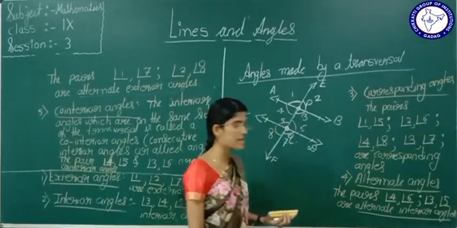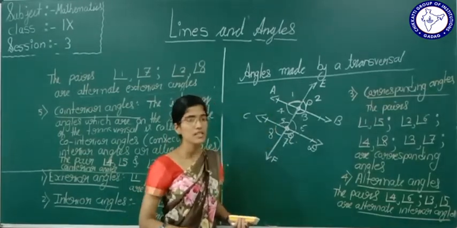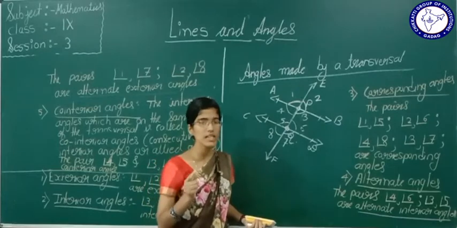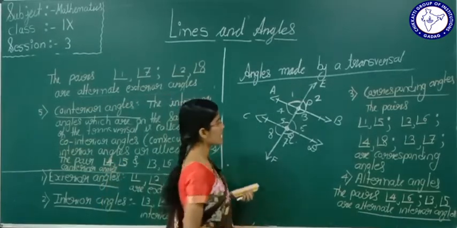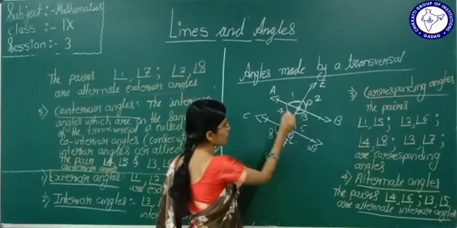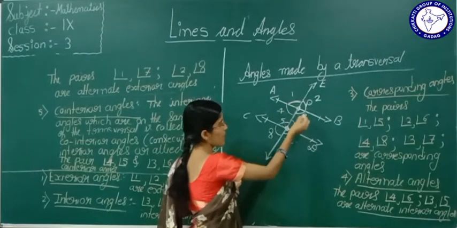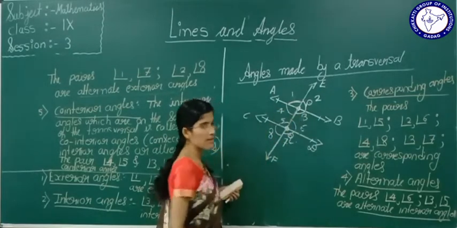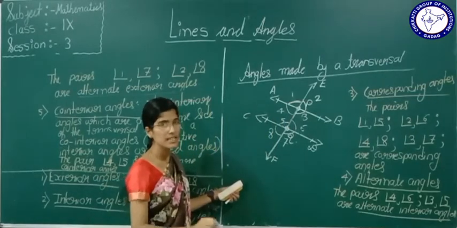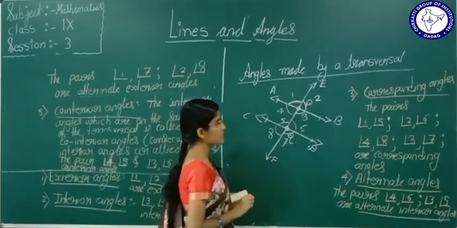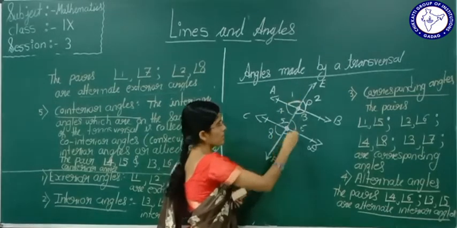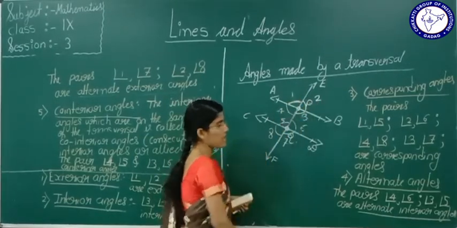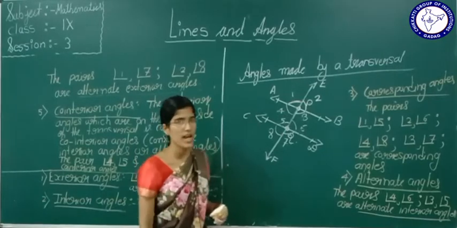The next is alternate angles. In alternate angles we have alternate interior angles and alternate exterior angles. Alternate interior angles are angle 4, angle 6, angle 3, angle 5. Alternate exterior angles are angle 1, angle 7, angle 2, angle 8.